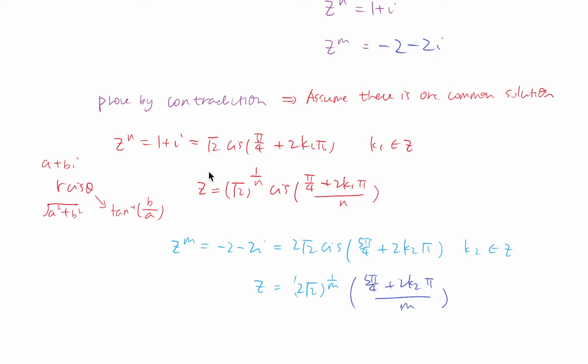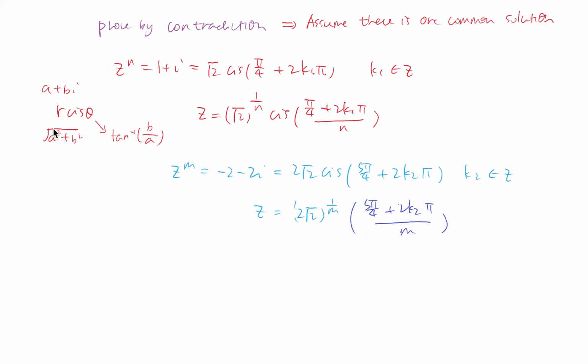So if there is a common solution, it means the solutions are the same. If R1 cis theta1 equals R2 cis theta2, then the modulus must be exactly the same, and the argument must be exactly the same as well. So we're going to quickly equate the modulus part.